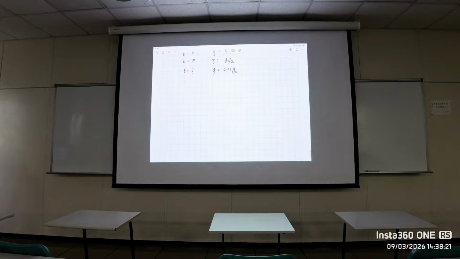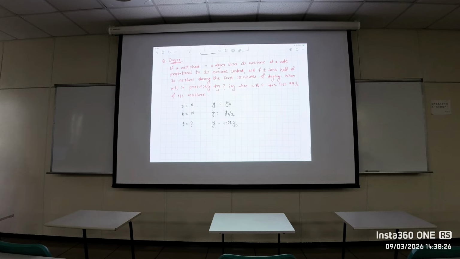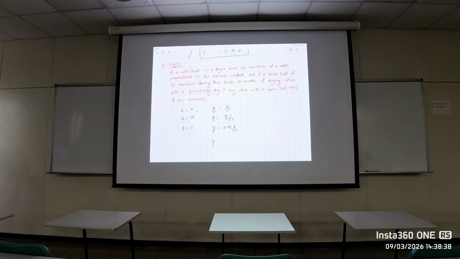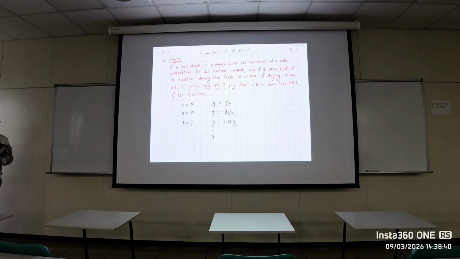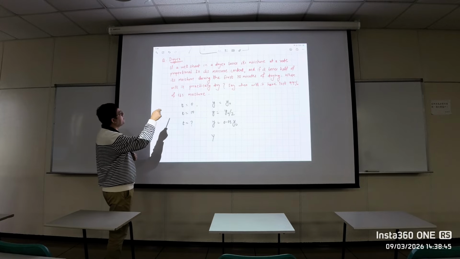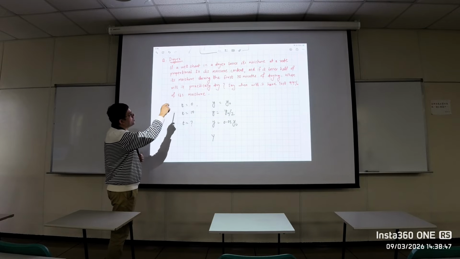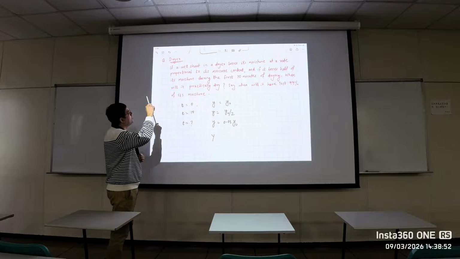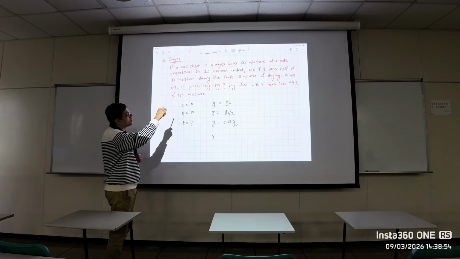Okay. So as usual, if you look into this problem, one is the moisture content given. Let's say moisture content is y. And the rate at which the moisture content loses, what is its rate? It is a rate proportional to the moisture content. The wet sheet in a dryer loses its moisture.